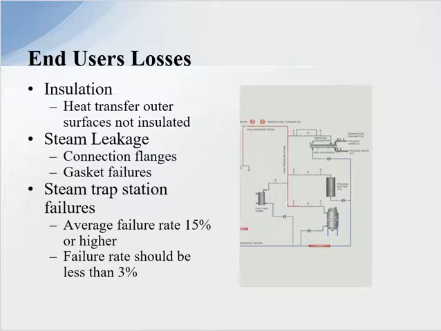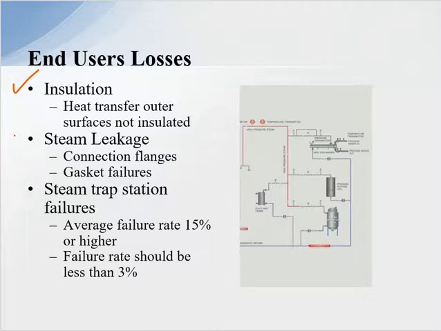And then we have the steam users, the consumers of our steam. One of the things that we find a lot is insulation. We don't insulate like a shell and tube heat exchanger. They do not insulate the shell. Jacketed tanks, we don't insulate the jackets. So that becomes a factor of loss of energy.